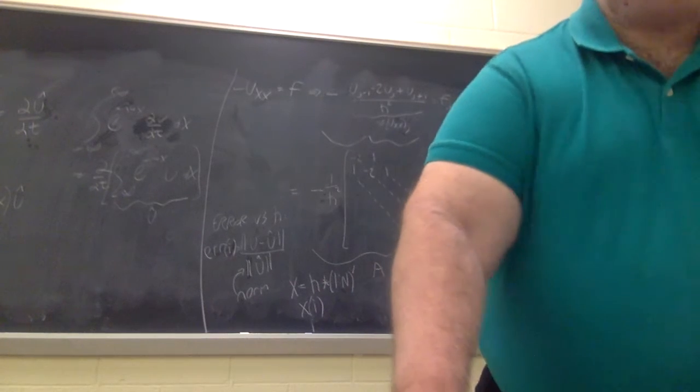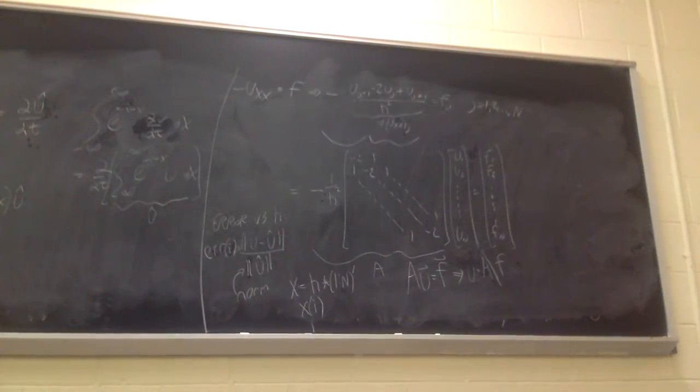Well, let's see how it's implemented. I just checked those X values are right, and then I did f of x here. Then I took those values and stored them as the right hand side.